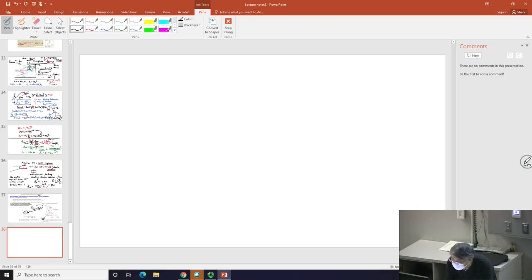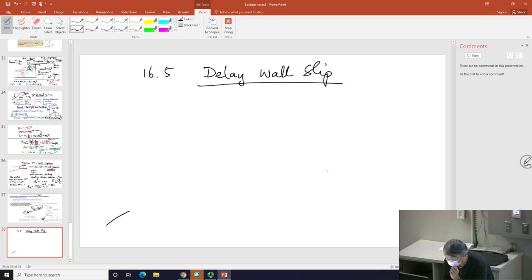So, for example, of course, we can now understand this delayed wall slip problem. Remember, this was suggested to be looked at after the summer of 2006, fall of 2006.